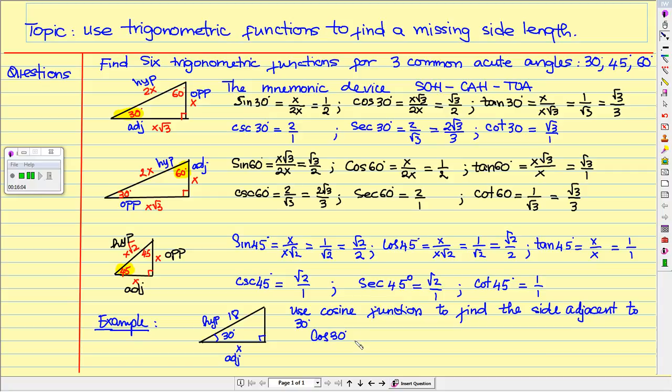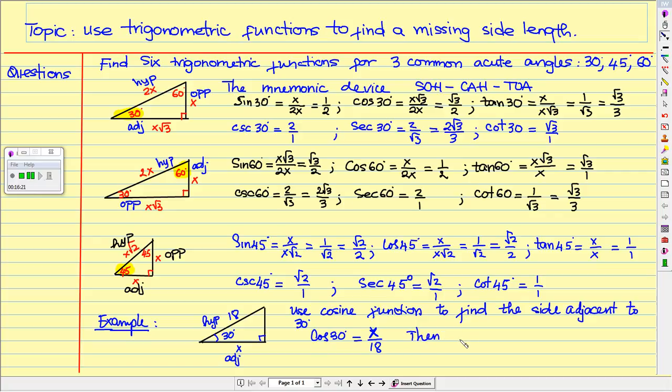So we have cosine of 30 degrees is adjacent divided by hypotenuse. So this can be x over 18.